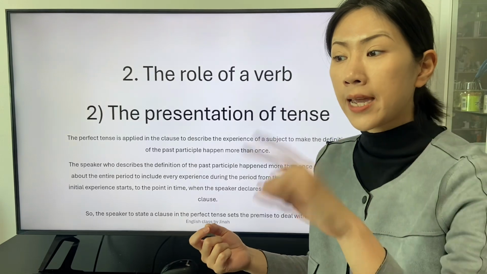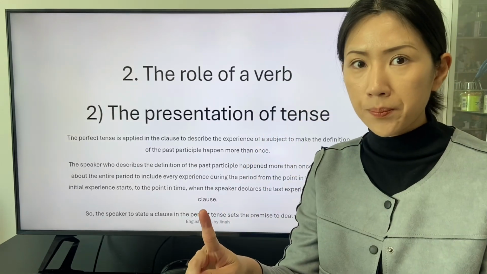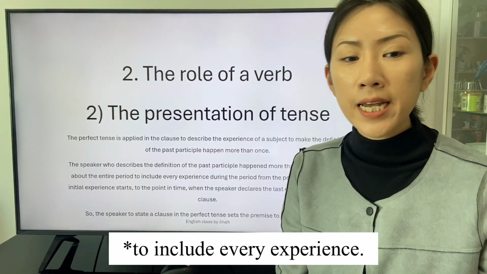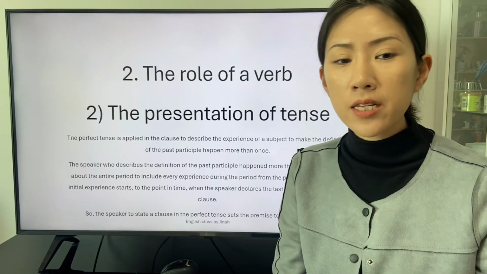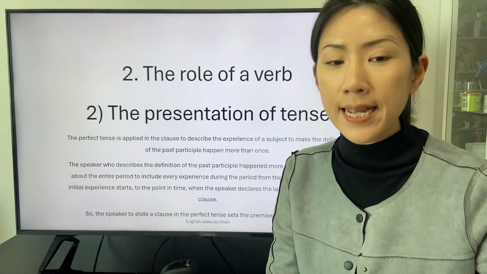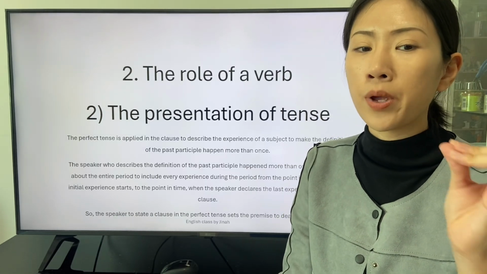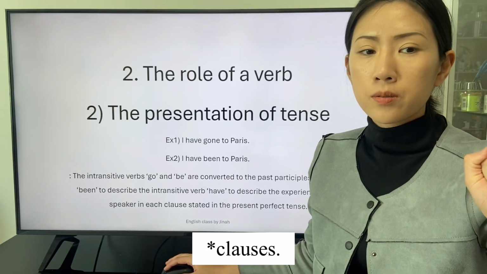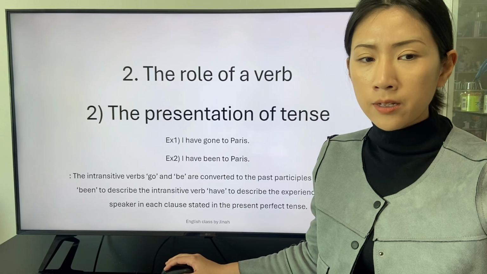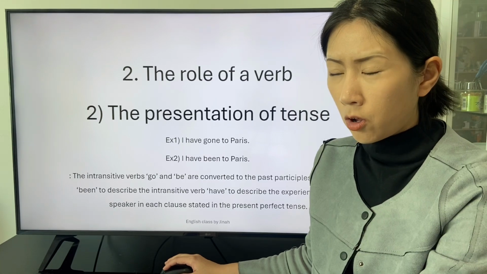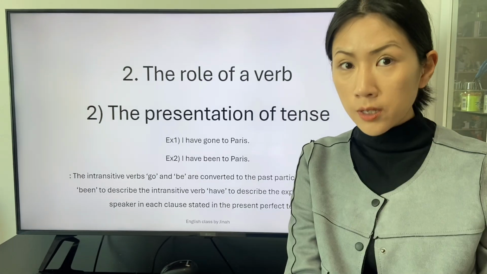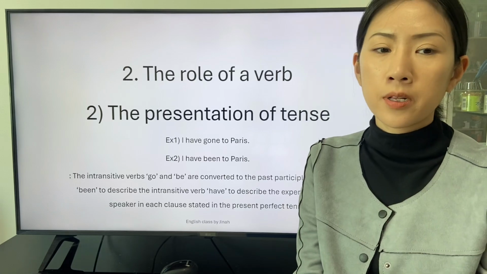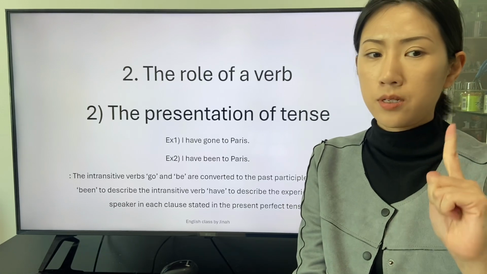Inevitably indicates a period of time. So the speaker, to state a clause in the perfect tense, sets the premise to deal with the period. There are two exemplary clauses. The first one and the second one are stated with different past participles, gone and been.